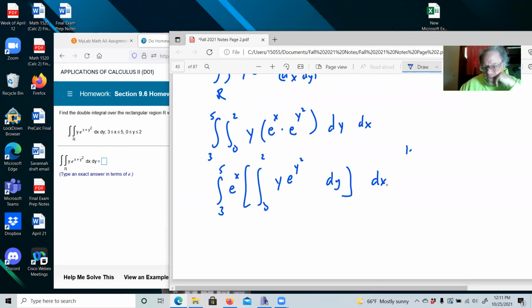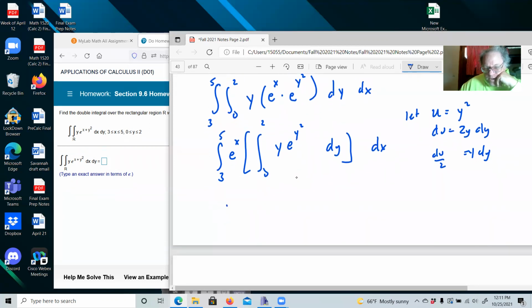All right. So let u equal y squared. Du is equal to 2y dy. Right? So y dy is equal to du over 2. Okay. So we're going to have the integral 3 to 5 of e to the x, 0 to 2.